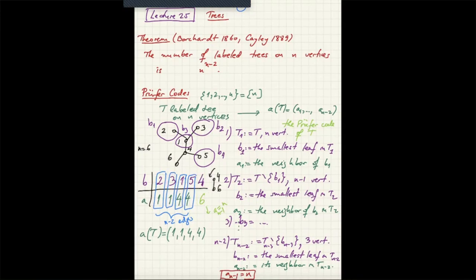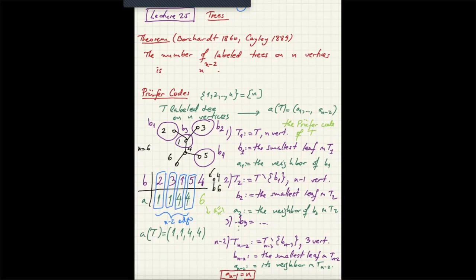So that's how you can keep track of the vertex sets of these trees at each step. The vertex set of T3 will be again 1, 5, 4, and 6, and so on.